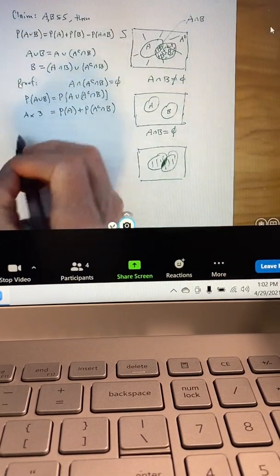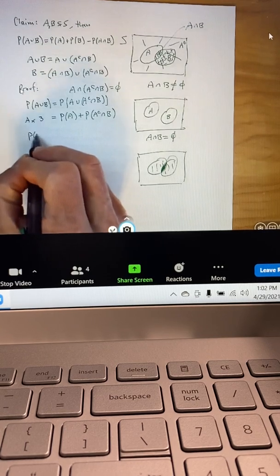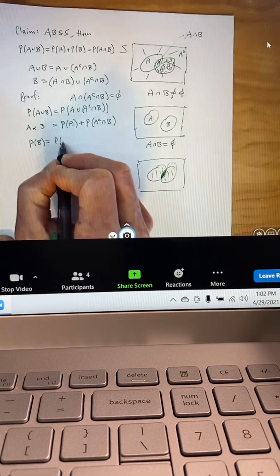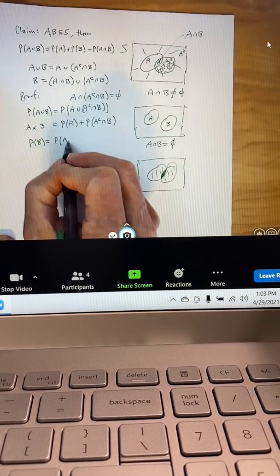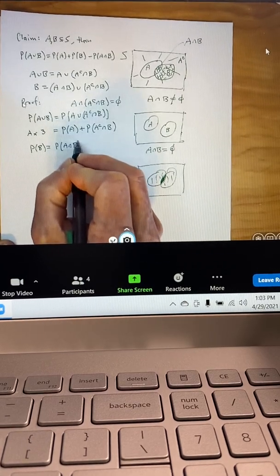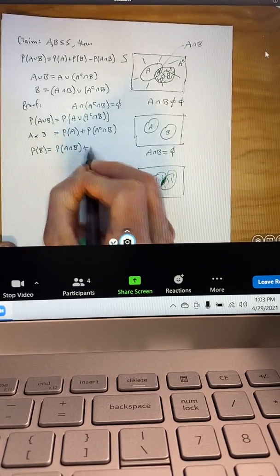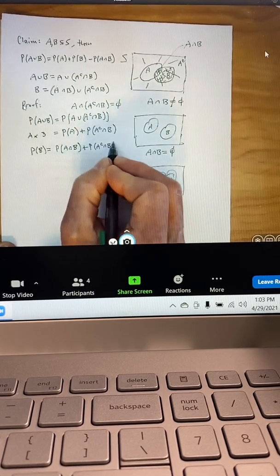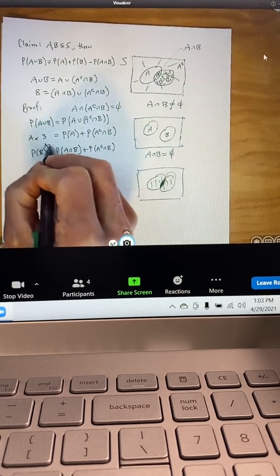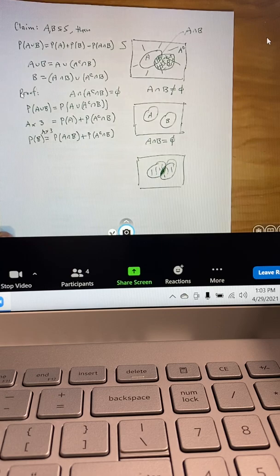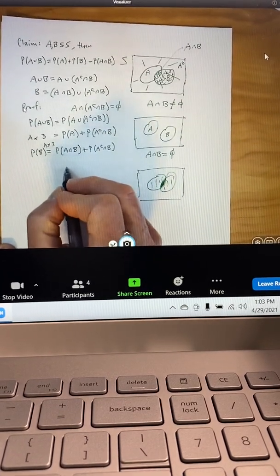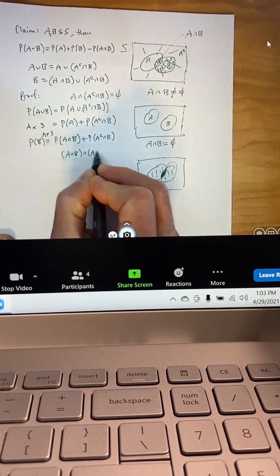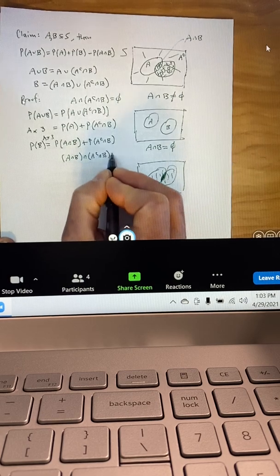And then if we take the probability of B, it's the probability of A intersect B plus the probability of A complement intersect B. Again, this is by axiom 3 and the fact that A intersect B intersect A complement intersect B is empty.